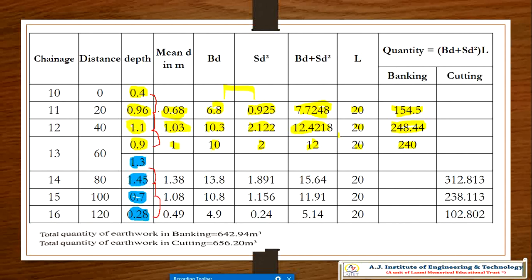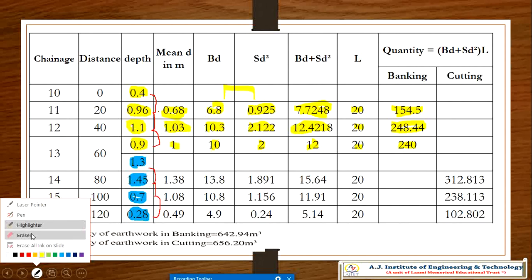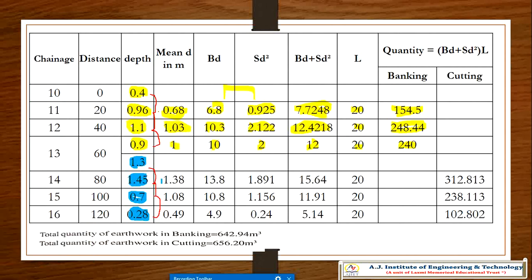Now if we are going for the cutting side, we are getting the mean depth, the average mean of cutting. So BD will be multiplied by 10: 1.38 into 10, 13.8, 1.08 into 10, 10.8, 0.49 into 10, 4.9.